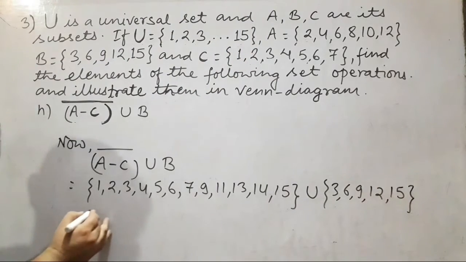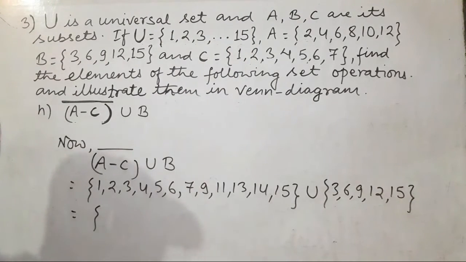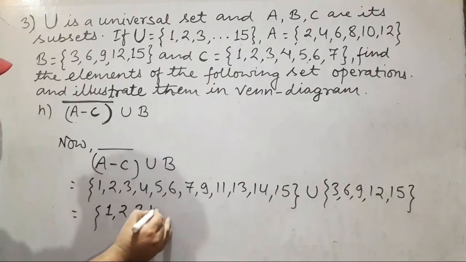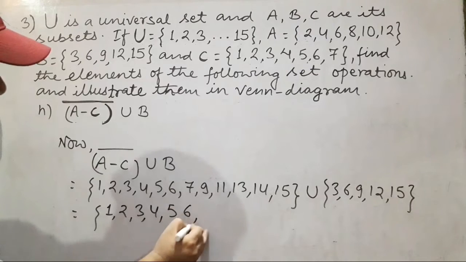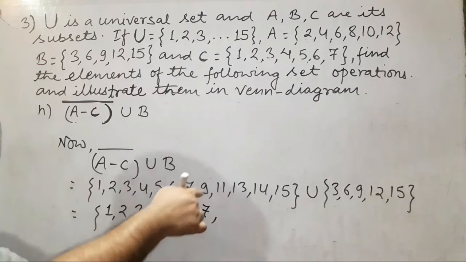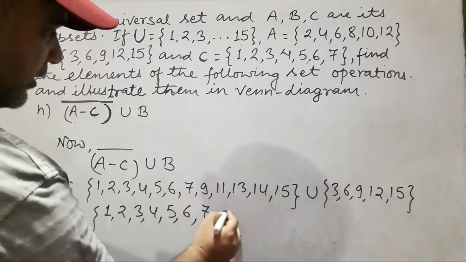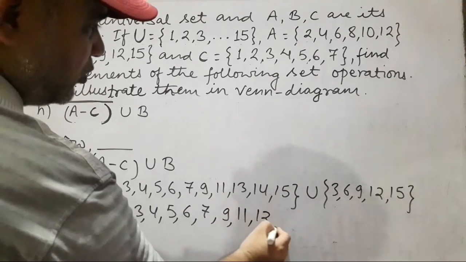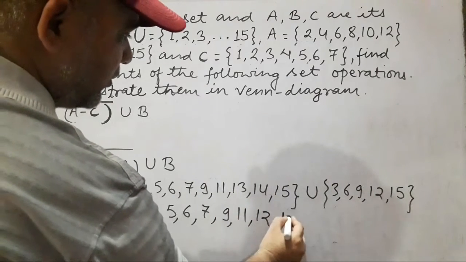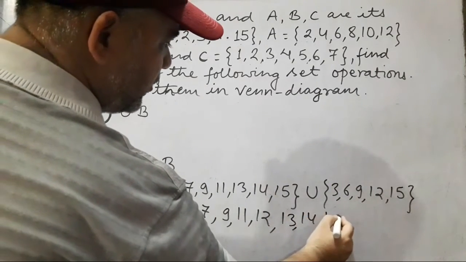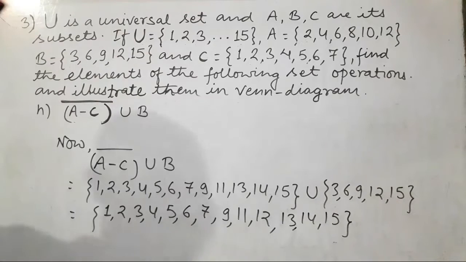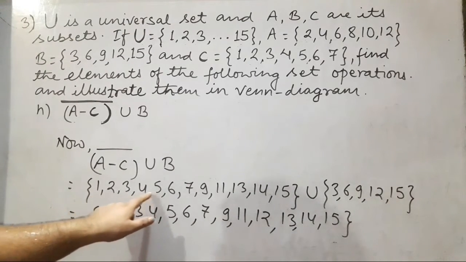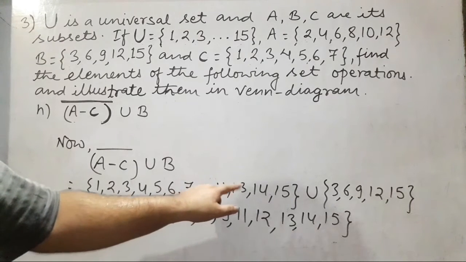Now the union of these two sets contains all the elements 1, 2, 3, 4, 5, 6, 7, there's no 8, 9, no 10, 11, 12, 13, 14, 15. Let's check whether we have missed any elements. 1, 2, 3, 4, 5, 6, 7, 9, 11, 13, 14, 15.